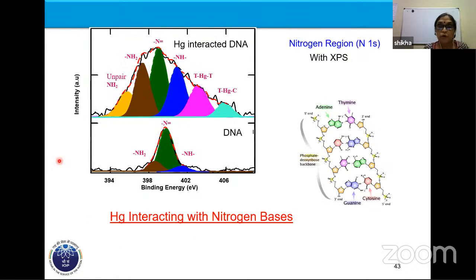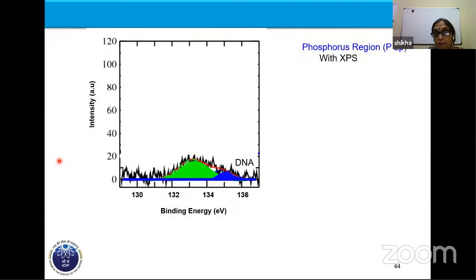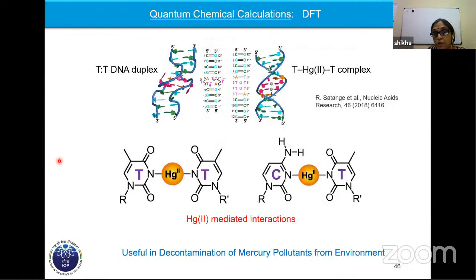So from here we know that it's an acetate that we are using, but when nitrogen is picking up, it's making a compound. And these compounds are expected to be stable. This is all happening at room temperature, and we are not doing any processing.